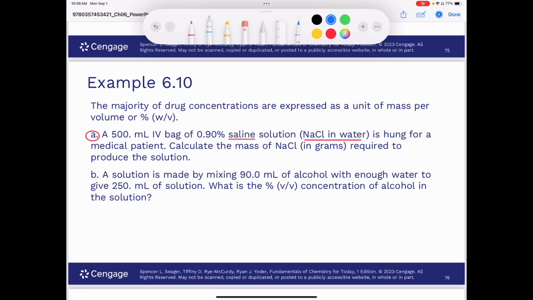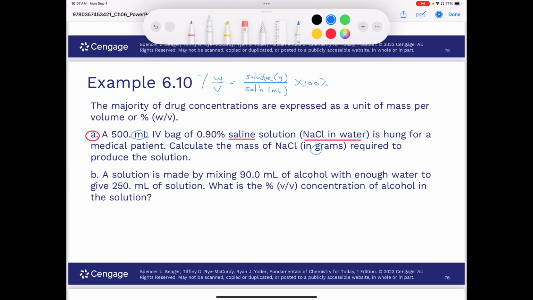Well, remember our formula, percent weight over volume, because we're talking about grams per milliliter. So percent weight over volume. We said we were going to have the solute mass in grams divided by the solution volume in milliliters, and then we're going to multiply that out by 100%.